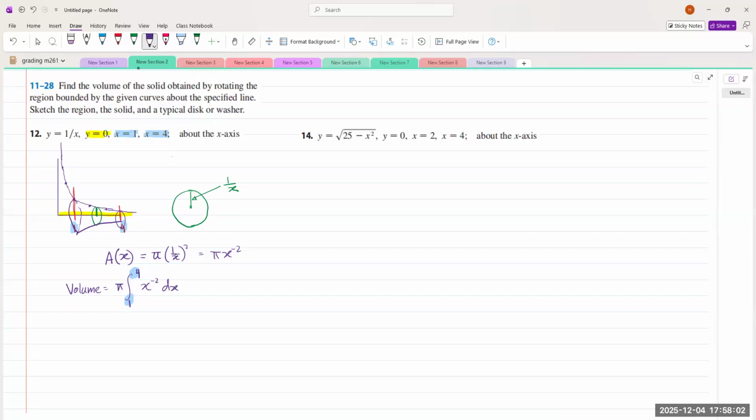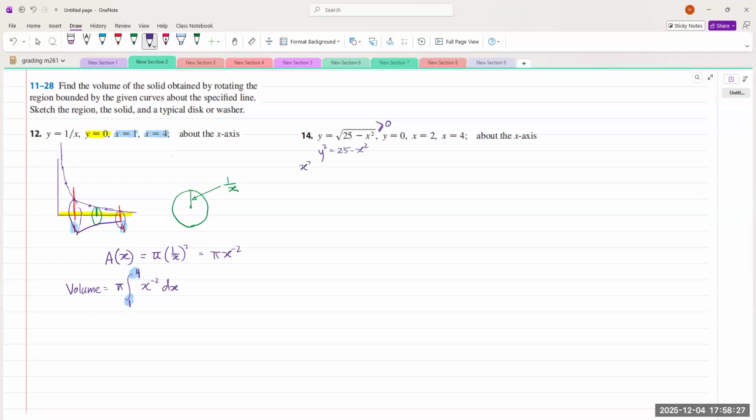Okay, let's see number 14. You have y equals the square root of 25 minus x squared. This implies that y is non-negative, first of all, right? Because y is a square root. But if you go further, if you don't know what it looks like, play around. That's y squared equals 25 minus x squared.